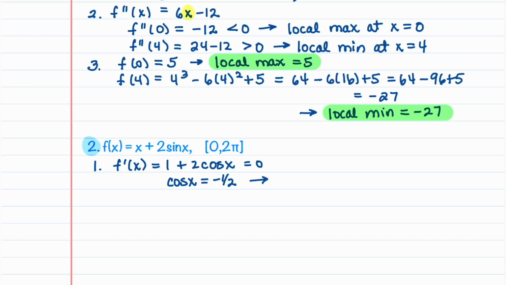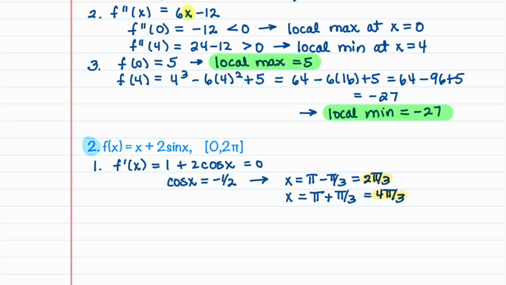So using reference angles in quadrant 2, x is pi minus pi over 3, which is 2 pi over 3. And then in quadrant 3, x is going to be pi plus pi over 3. So that is 4 pi over 3. And let's go ahead and highlight these because these are our critical values.